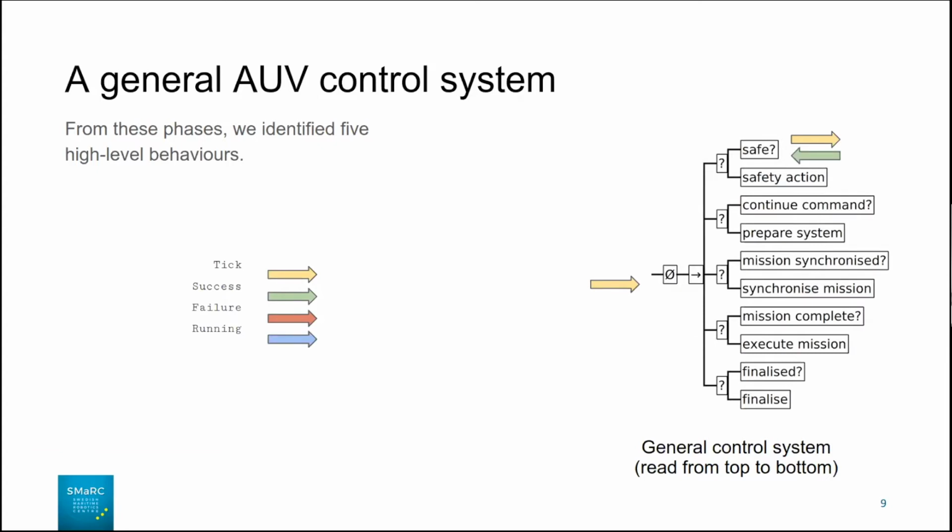If it is, then it returns success. Then, based on these composition nodes, which I'll describe a bit later, the tick gets moved to the next branch. Have we received the continue command? Nope. So then we need to prepare the system. That returns running, and then it just continues.